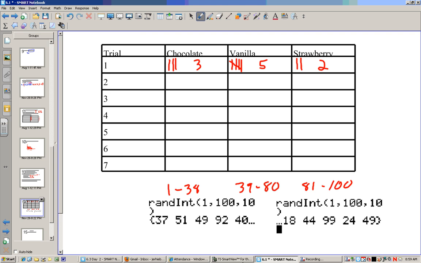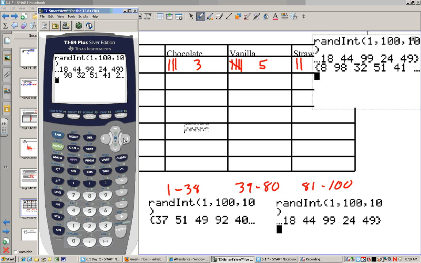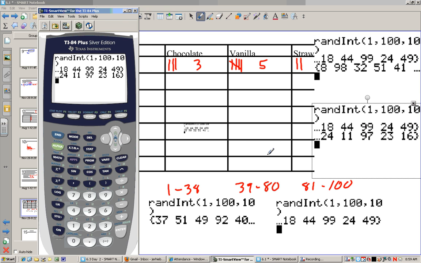If I hit enter again, then we could drag these up here, and then drag this one here.